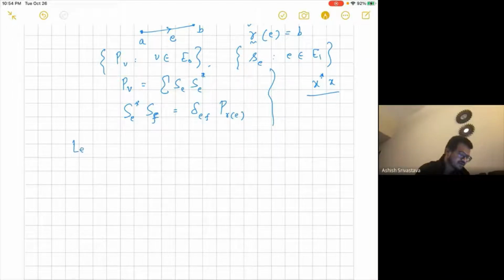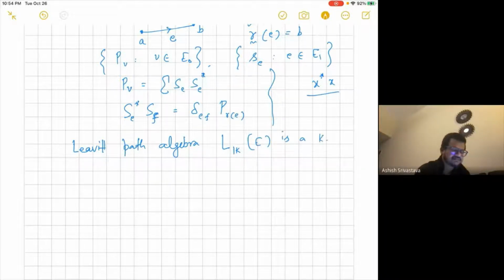So Leavitt path algebra is a K algebra generated by these vertices, edges, and ghost edges. So I'll explain what we mean by ghost edge.